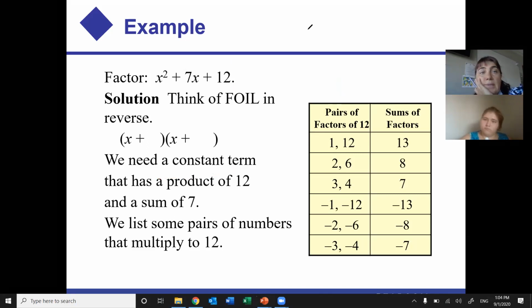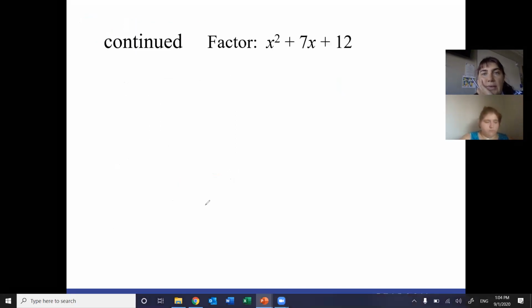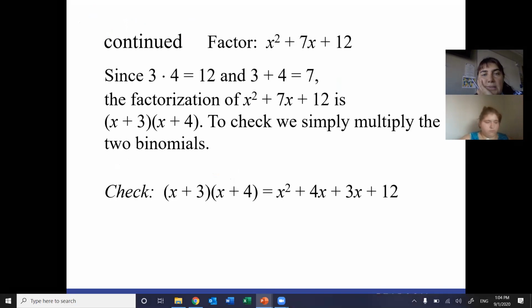Okay. Next is, is it the same problem? Yes. You can make this problem very complicated. At the end, if you want to check, say on the test, or if you want to make sure you got it right, usually you get it right, but sometimes you don't.